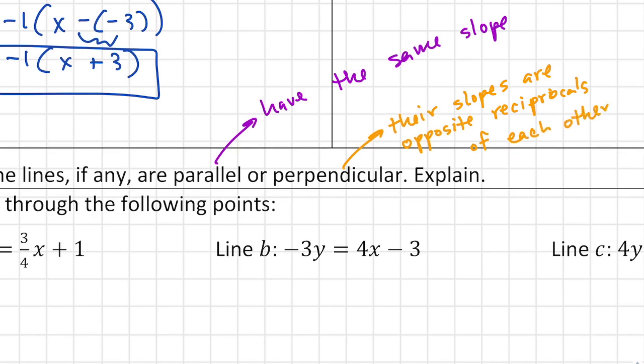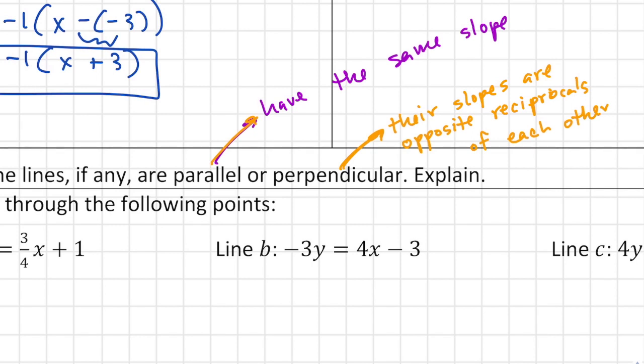And then for both of these, we're talking about comparing two different lines. So if two different lines have the same slope, then they are parallel. If two different lines have slopes that are opposite reciprocals of each other, then they are perpendicular.